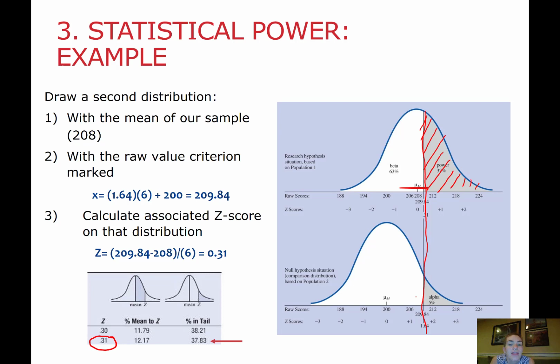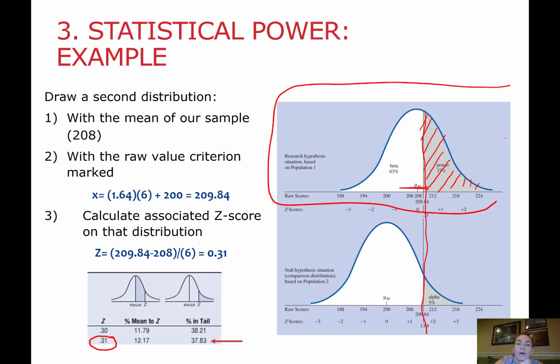So that means that power is equal to 37%. And if that's not clicking, it's because 37% is the proportion of individuals who actually belong in population 1, right? That's that population I've just drawn a box around, and simultaneously who we would conclude belong in population 1 because they've surpassed our critical value. So we reject the null hypothesis for all values in this area, and we would be correct about it.